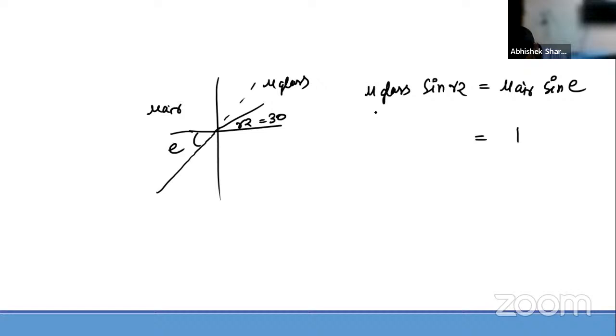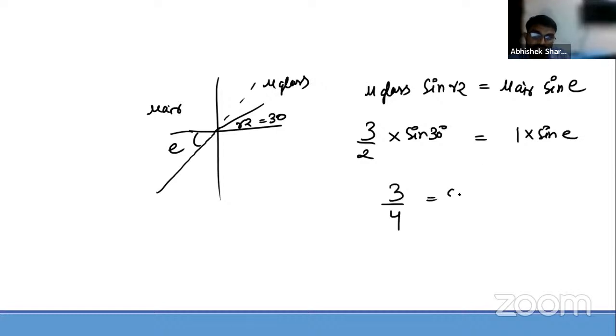Glass refractive index, 1.52, approximately 3/2. It's fine. So the refractive index of glass is 3/2, that is 1.5. Sine of R2 is sine 30 degrees, and sine 30 is half. So this is half, this is 3/4 sine E.